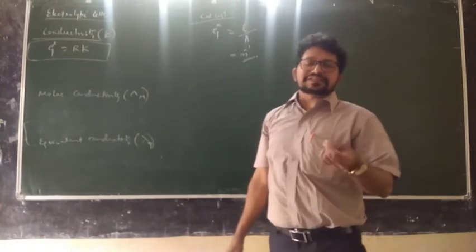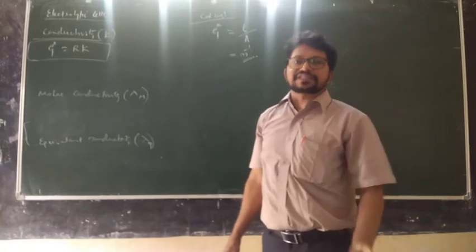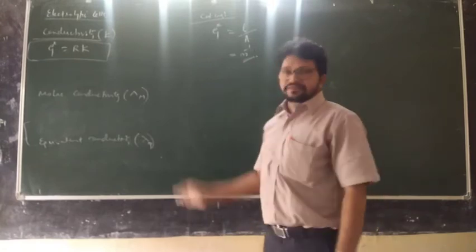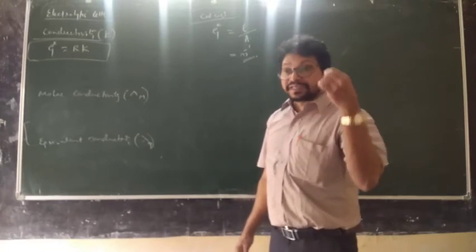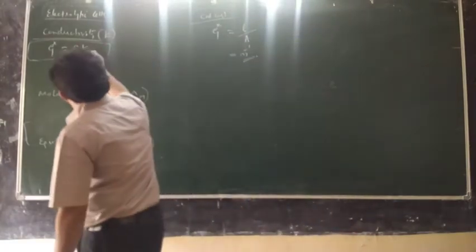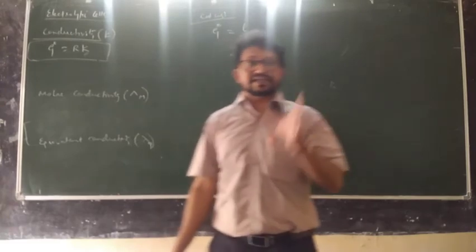How is this cell constant determined? By the help of meter bridge experiment. Resistance of the cell will be noted, and by taking a solution of known conductivity, K is noted.